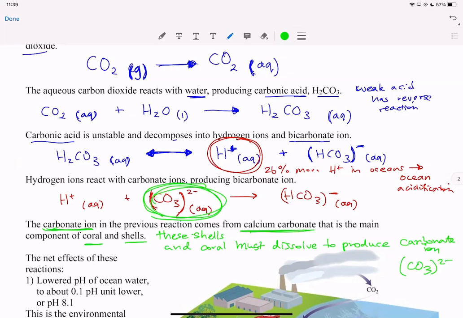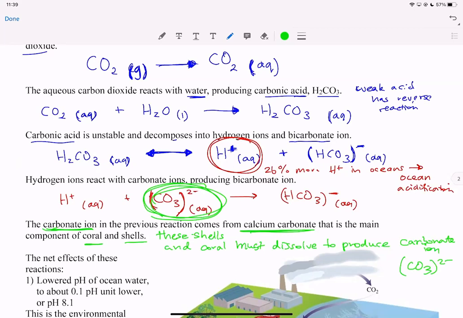Okay, and they're not doing this with any brain power or any head honcho telling them they have to dissolve. It is a system that is set up in equilibrium, like a sponge. Hey, there's extra hydrogen, then this is how the ocean has evolved to adjust for extra hydrogen ion.